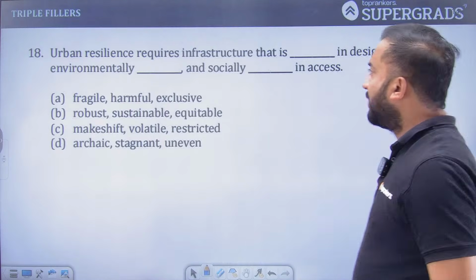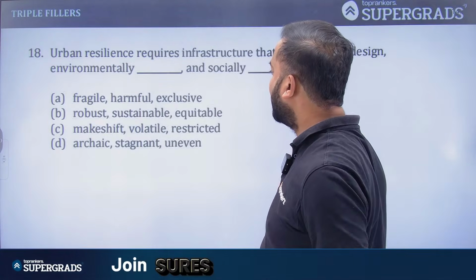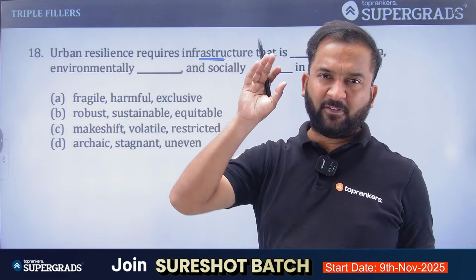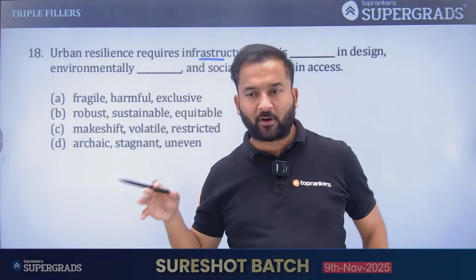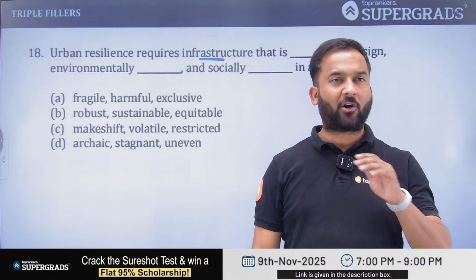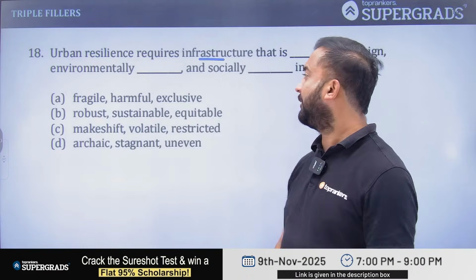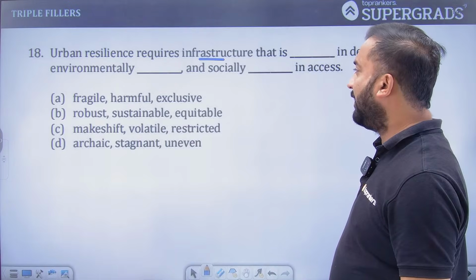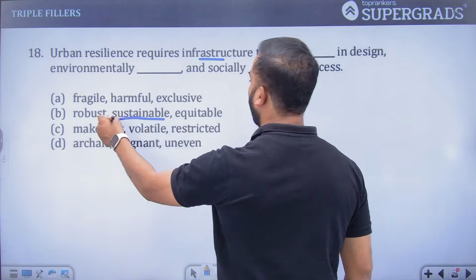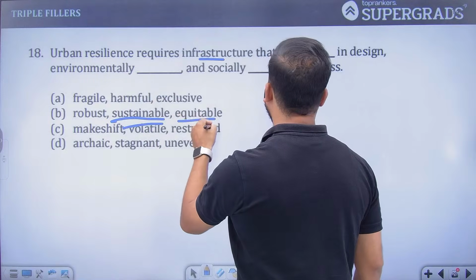Urban resilience requires infrastructure that is कैसा infrastructure होना चाहिए? Do you think should it be a weak infrastructure or a very strong infrastructure? क्या हो सकता है? First, let's just talk about it. Infrastructure कैसा होना चाहिए? In design, environmentally, environment जहाँ पर word आ गया वहाँ पे sustainable आ गया, and socially equitable in access.